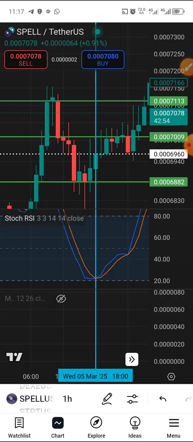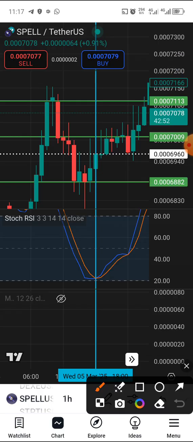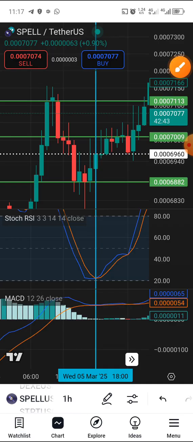And the moment you find that perfect entry, then you are good to go. Okay? And if you want to add in some indicators like the MACD, you can still use it.